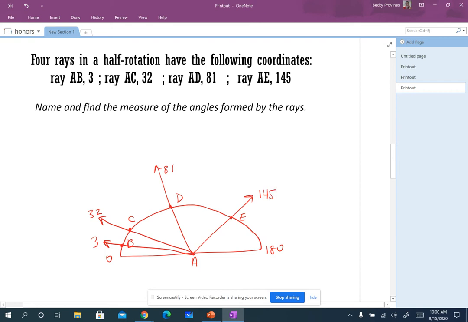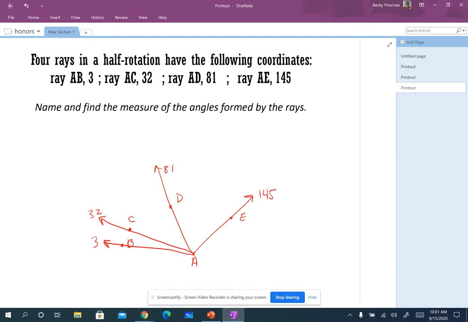Okay, now technically you don't have to draw the protractor thing in if you understand. Okay, so this is how the book would show it. The little protractor thing, for some reason, really helps every year. So do whichever way you'd like. Now, it says find and name the angles and find their measures.